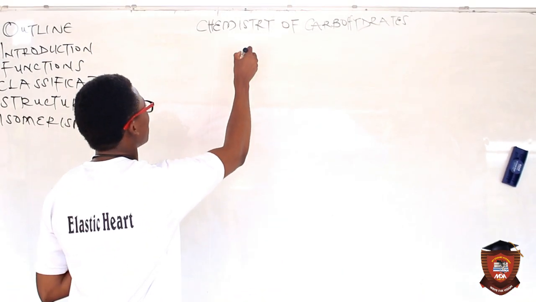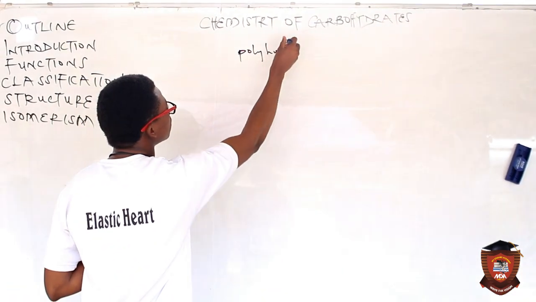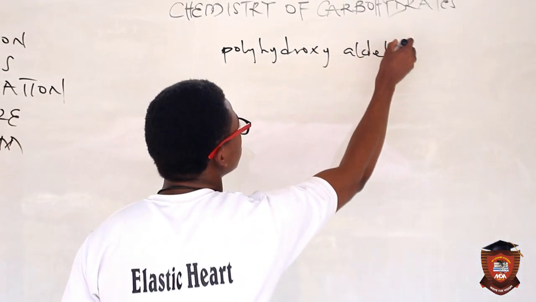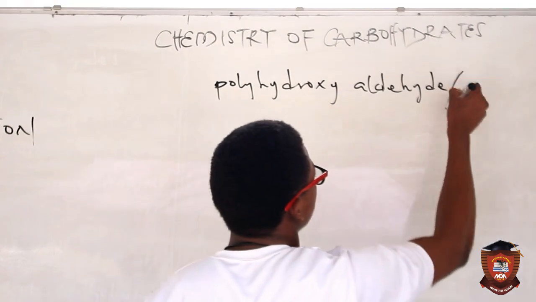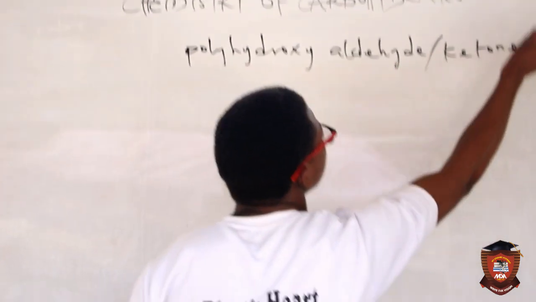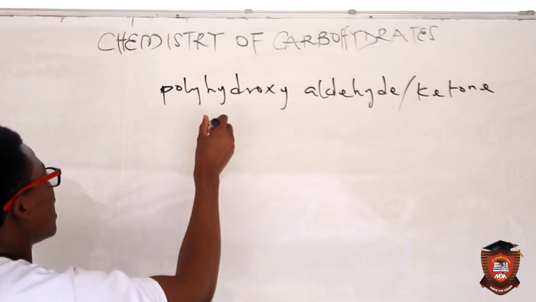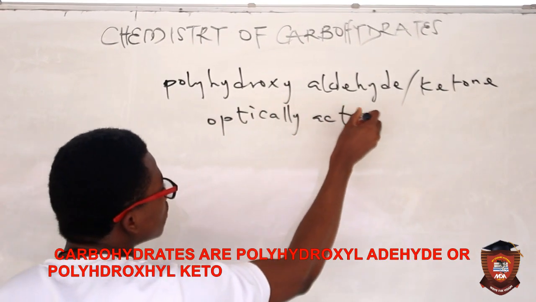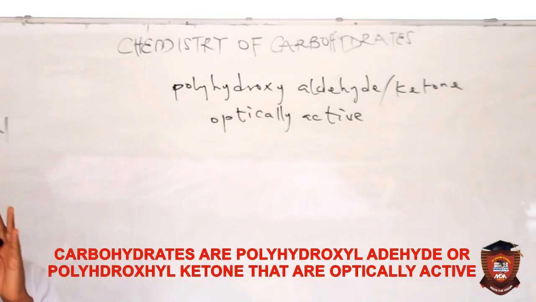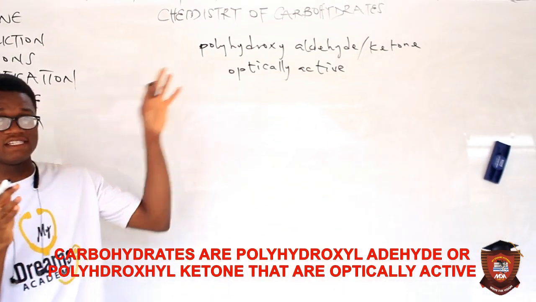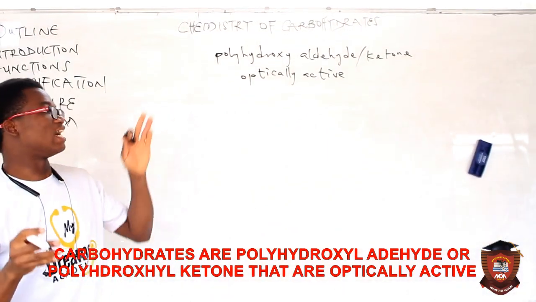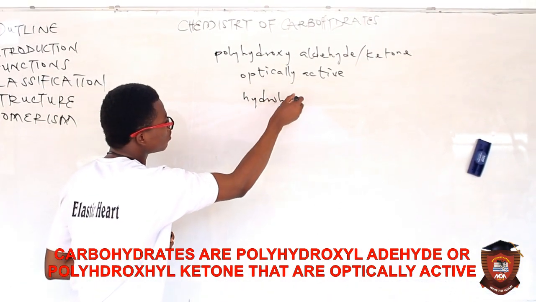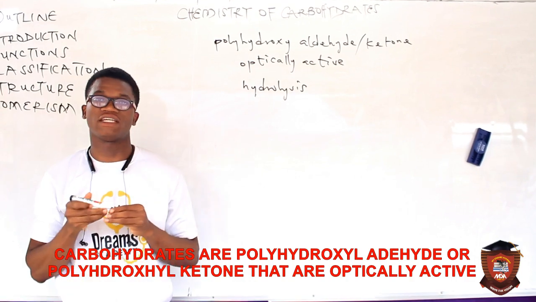Carbohydrate is a polyhydroxyaldehyde or a polyhydroxyketone that is optically active. Then we also have the compounds that are derived from this by hydrolysis. So that is what carbohydrate is all about.